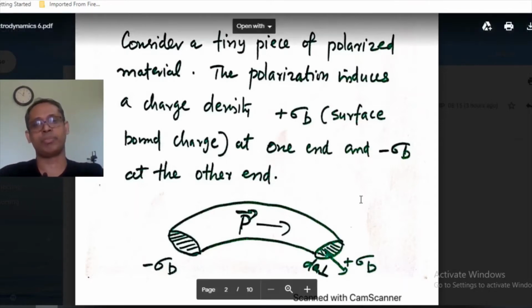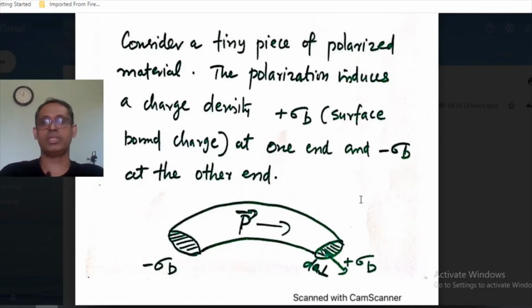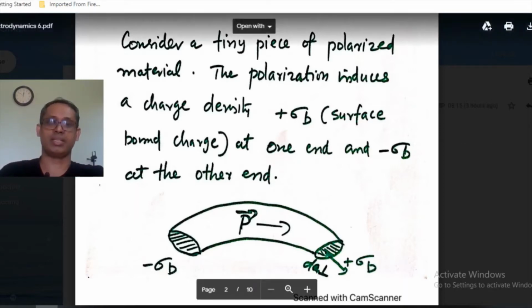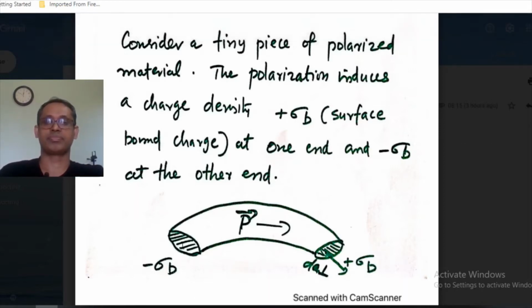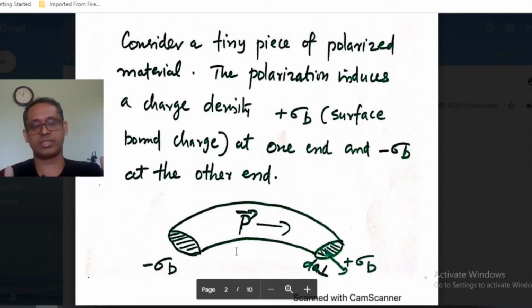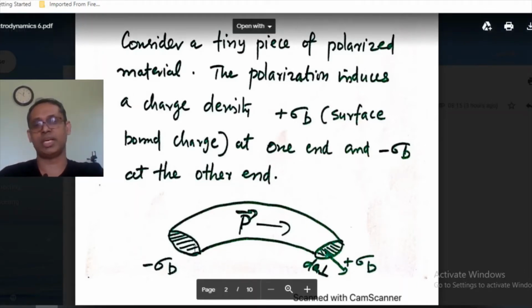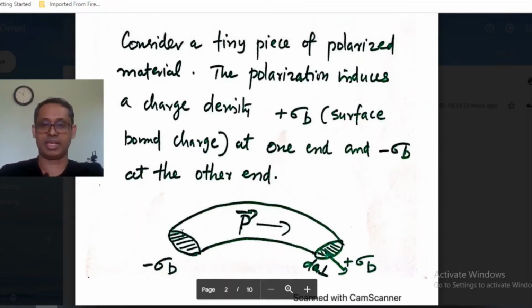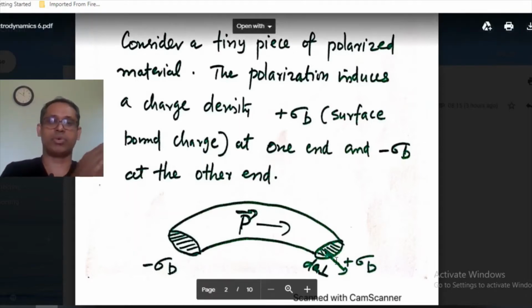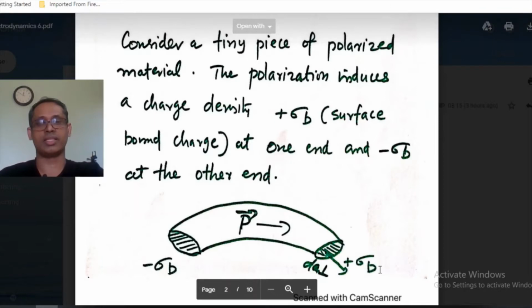For developing polarization, we have dipoles, with positive and negative charges constituting a dipole. There will be many atomic dipoles inside the material, and the charges cancel inside the material, but there will be a negative charge at one end and a positive charge at the other end.